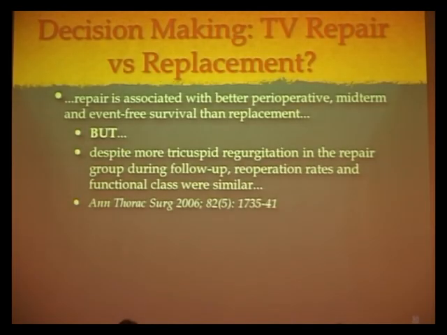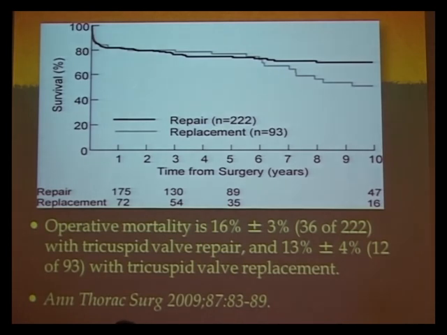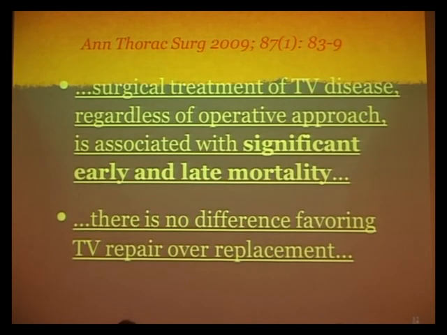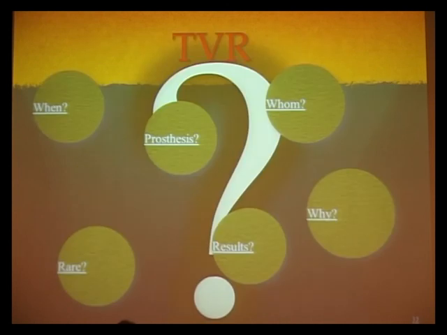You can see in this paper that repair and replacement operative mortality are almost the same, but surgical treatment of tricuspid disease, regardless of operative approach, is associated with significant early and late mortality. There is no difference favoring tricuspid repair over replacement. So it's a little bit confusing.